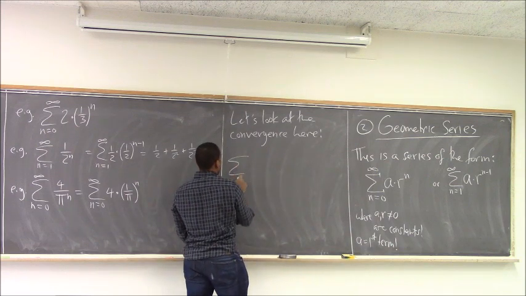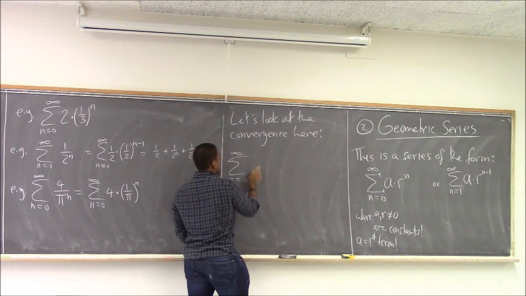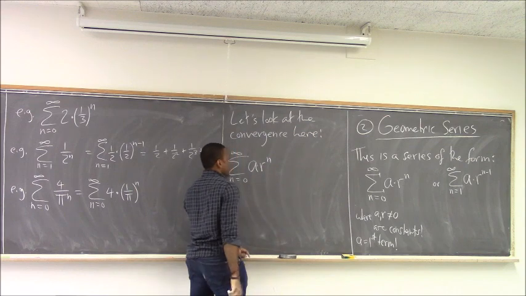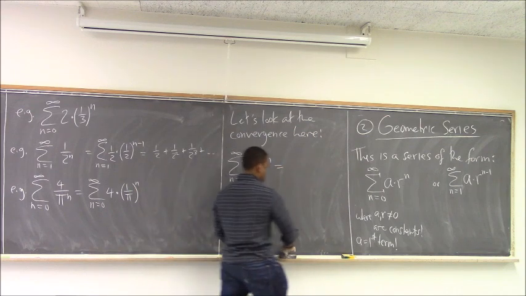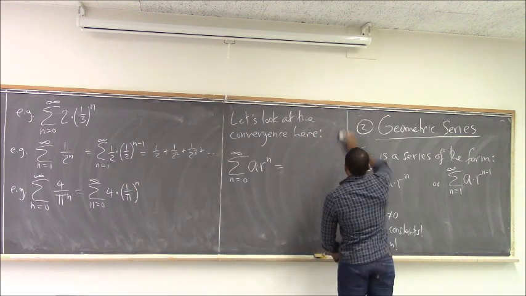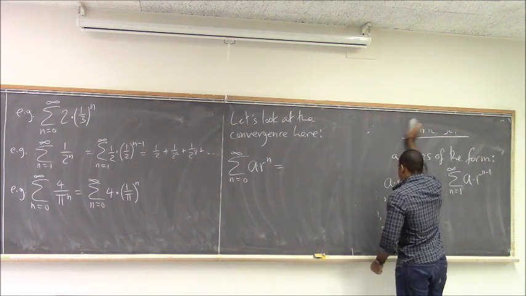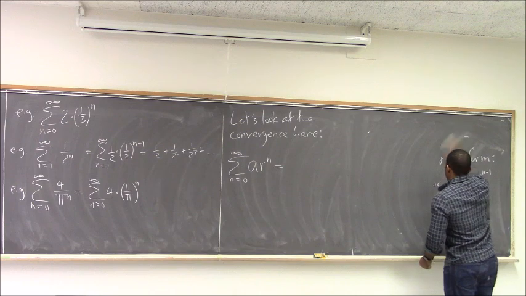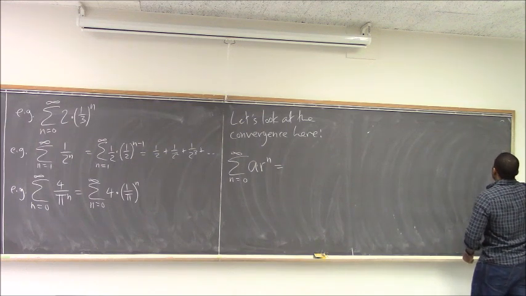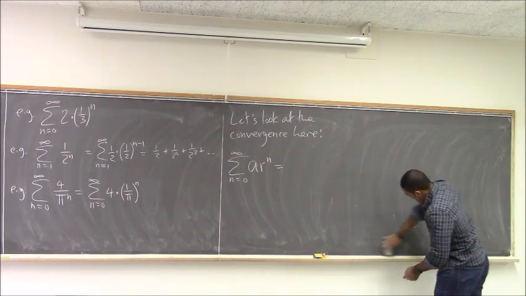So you have a series, n goes from 0 to infinity of a r to the n. Now what does that guy actually look like? You'll notice it starts out with a number like a, and it keeps multiplying by some other fixed number r.